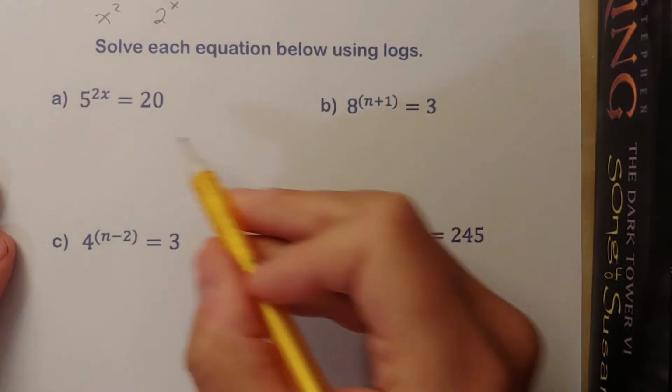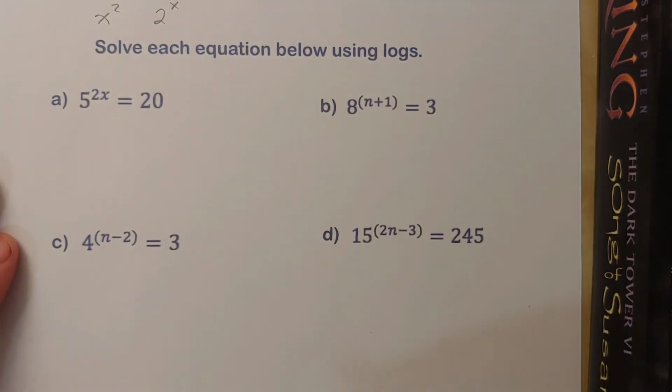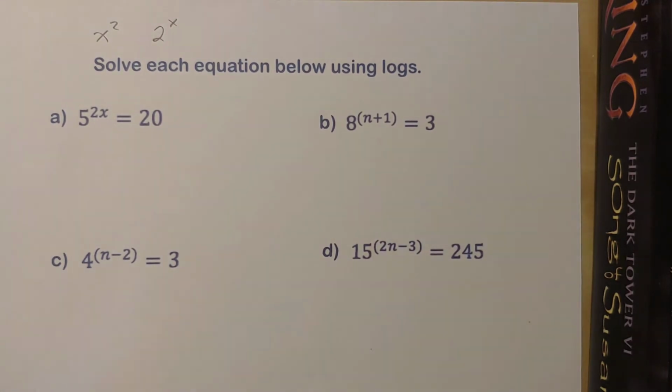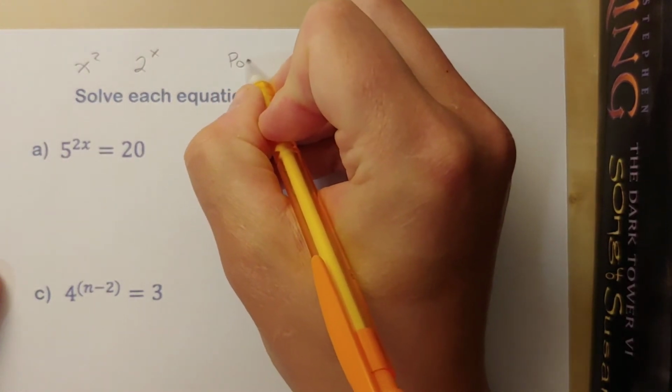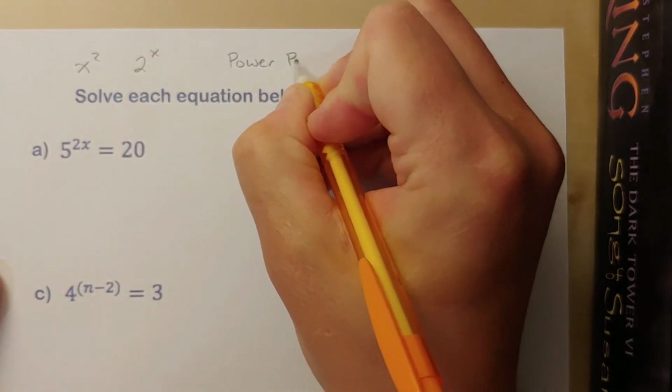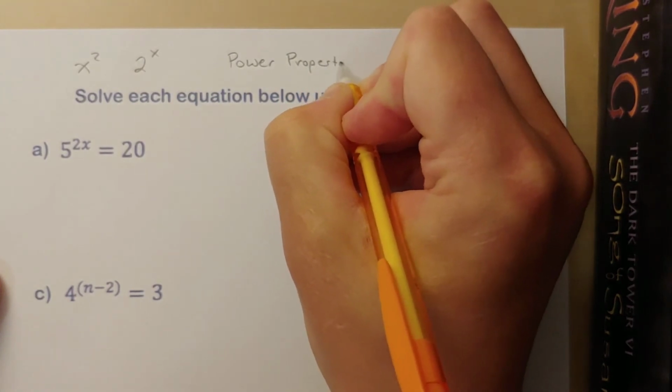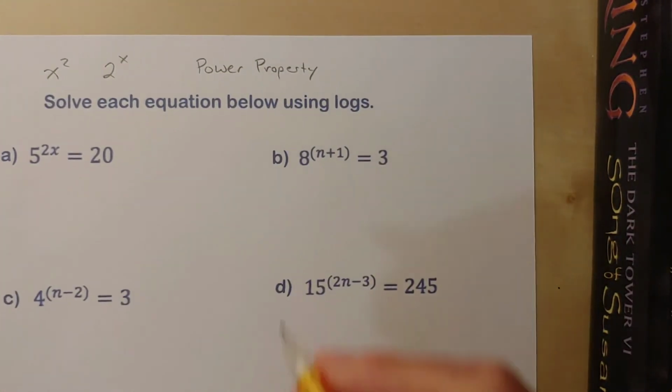So there's one property here that's going to be really useful. You might recall that in last week's video, we learned some different properties of logs, and there was one called the power property. And that's the property we're going to use in these examples.